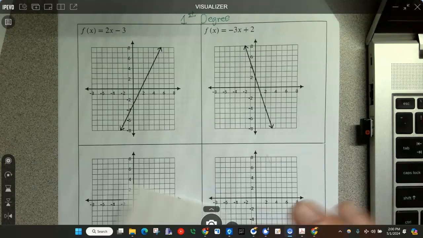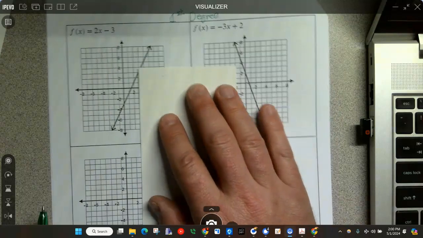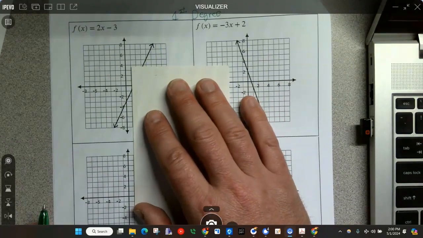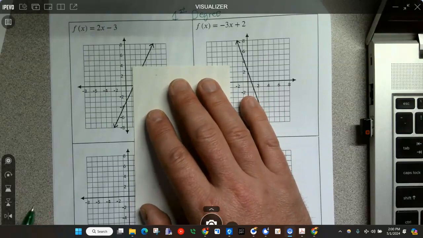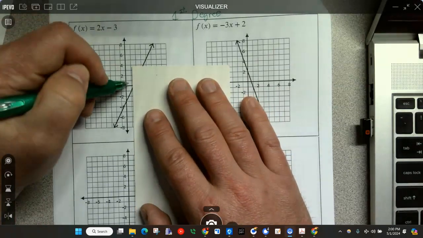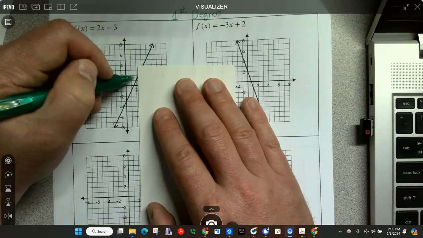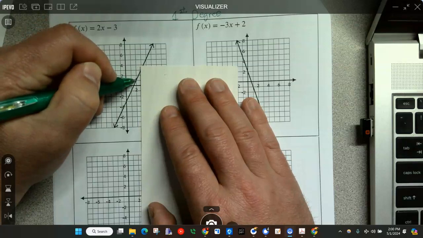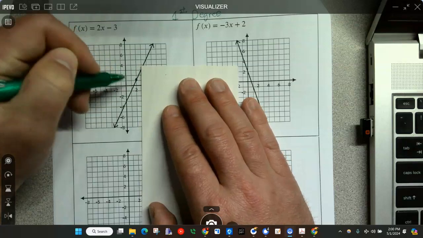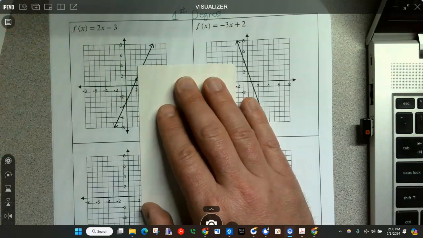So same thing. We can pick any value of x here. Let's say x equals, let's go to 2. And ask yourself, what is the slope of the line right there at 2? What's the slope of this line right here at x equals 2?